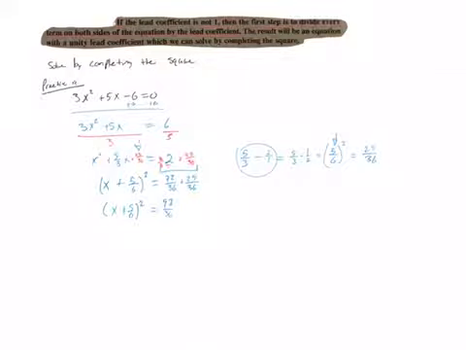Taking the square root, I know x plus 5 over 6 is going to equal to the plus or minus square root of 97 over 36. This right-hand side simplifies down to the square root of 97 over the square root of 36, just comes out to be 6.